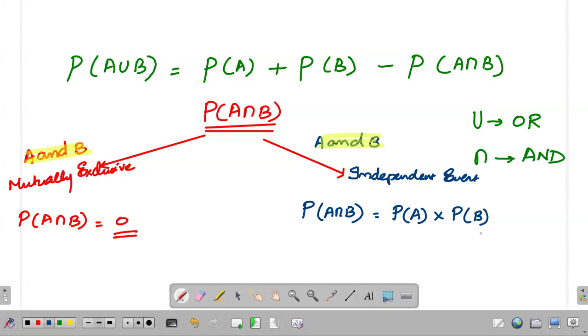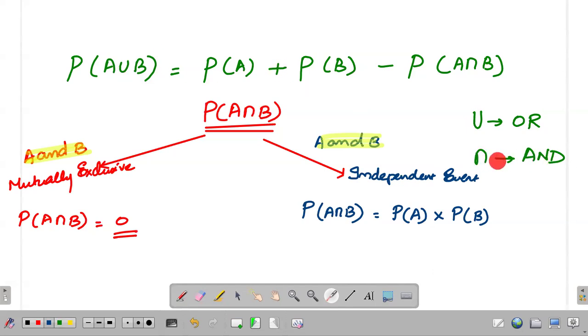All right. And one more thing which I would like to add here. If you remember in the fundamental principle of counting, when it comes to OR logic, you add, right? A or B, you add P of A plus P of B. Since a double addition is coming, you subtract P of A intersection B. But anyway, union, that is OR logic, is associated with addition.